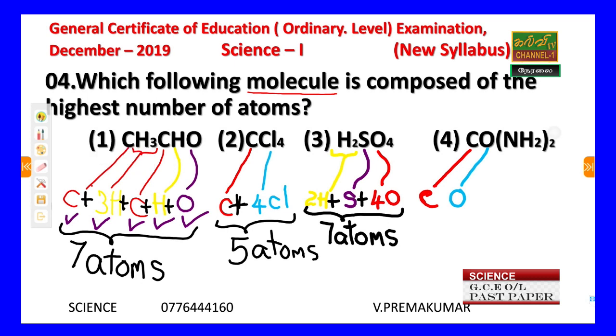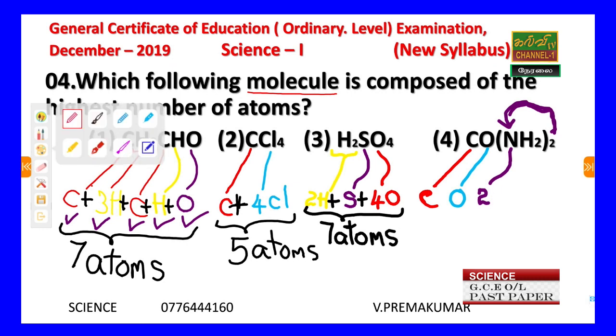Actually, this is a bracket, so we have to multiply by 2. So it will be 2 nitrogen.